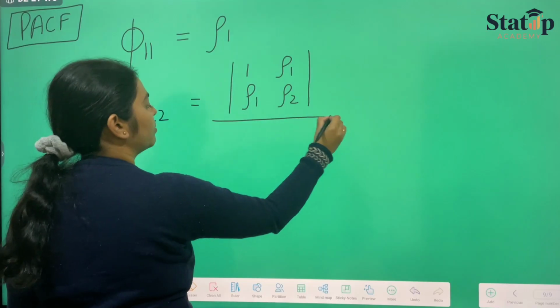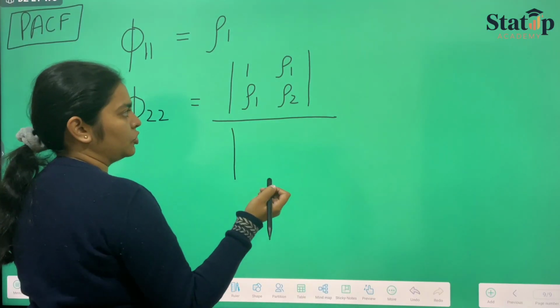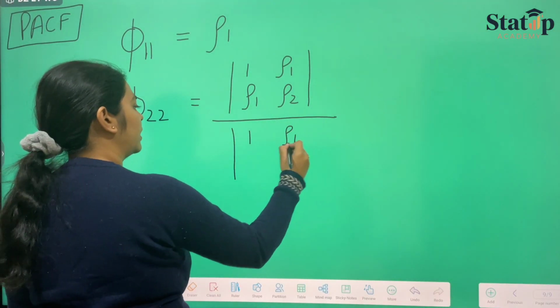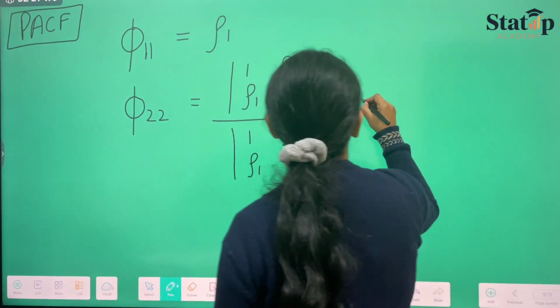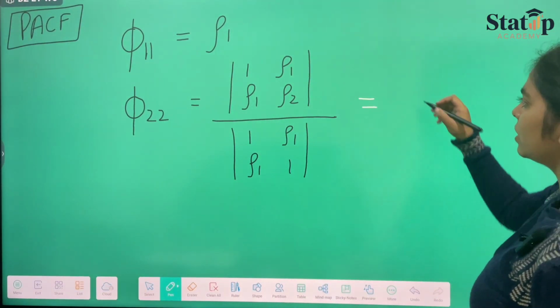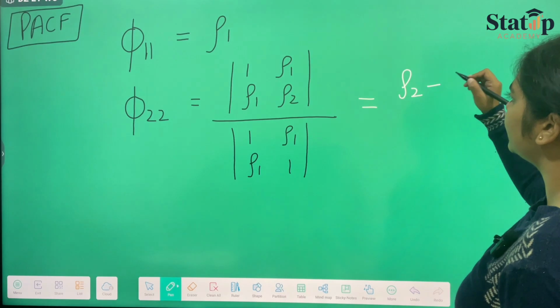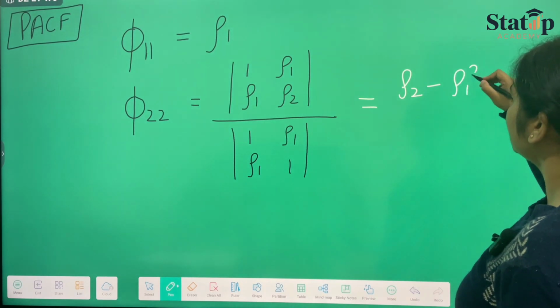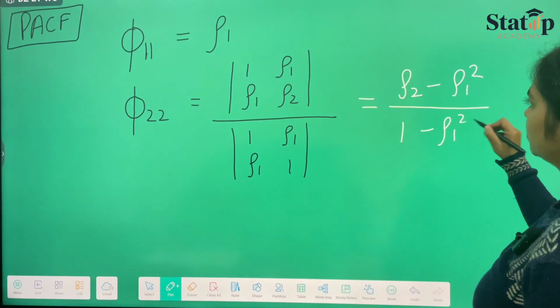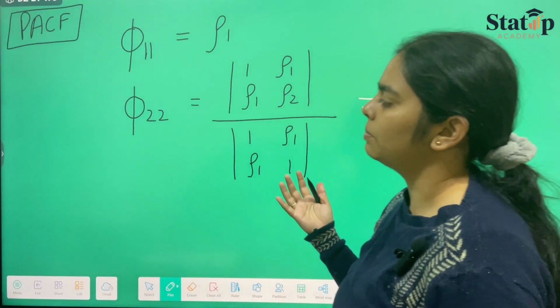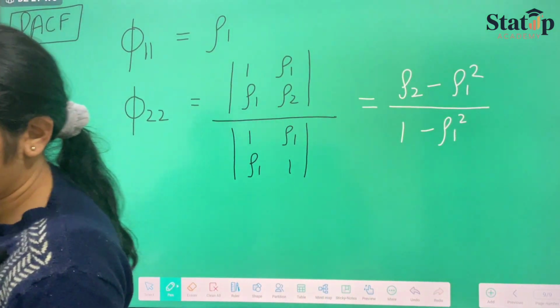You just have to remember the formula. There is no derivation required. Divided by the determinant of the matrix 1 rho 1, rho 1 1. If we take the determinants, this becomes rho 2 minus rho 1 square upon 1 minus rho 1 square. So this is our partial autocorrelation function.